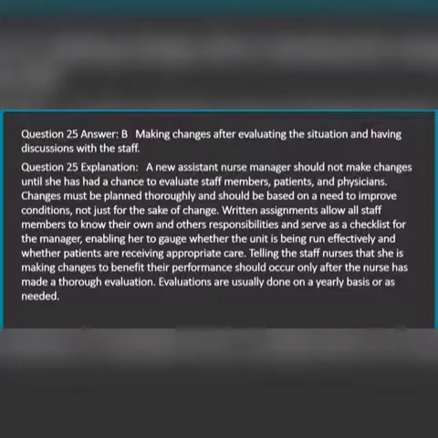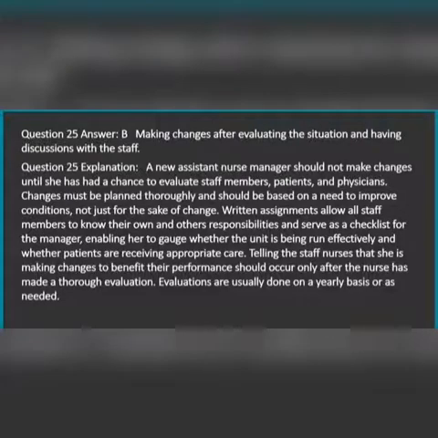Question 25 Explanation: A new assistant nurse manager should not make changes until she has had a chance to evaluate staff members, patients, and physicians. Changes must be planned thoroughly and should be based on a need to improve conditions, not just for the sake of change.